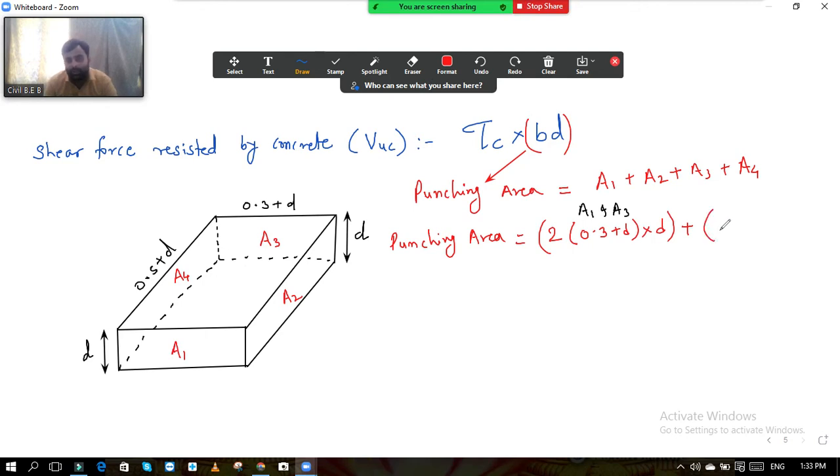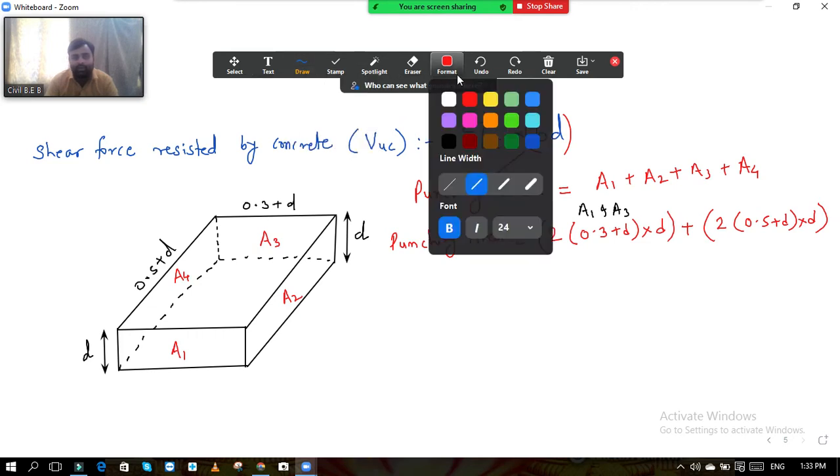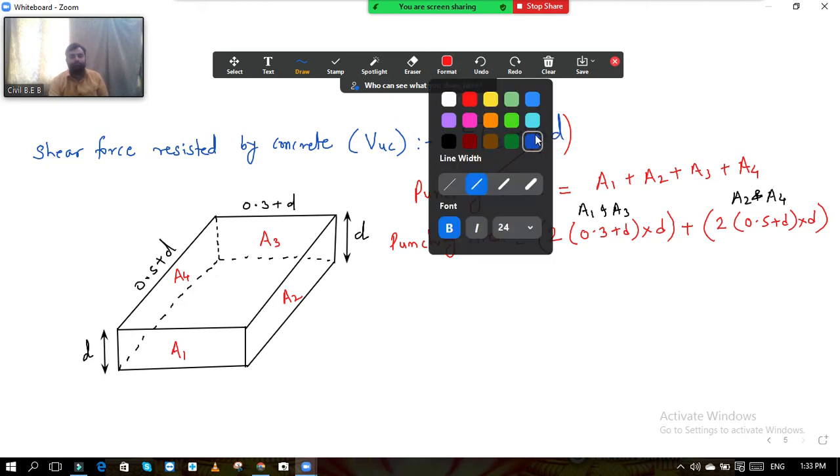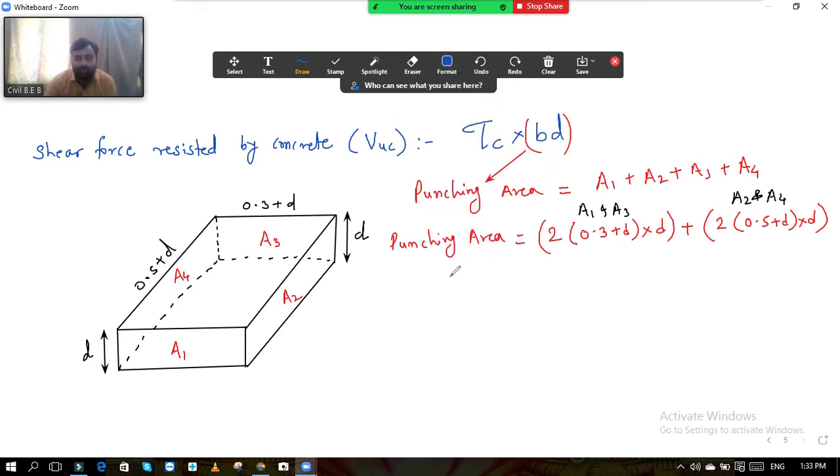It is again 2 into (0.5 plus d) into d. Here A2 and A4 are covered. Okay, is it clear now? Do you understand what I am telling? Are you getting this point? So this is the punching area.